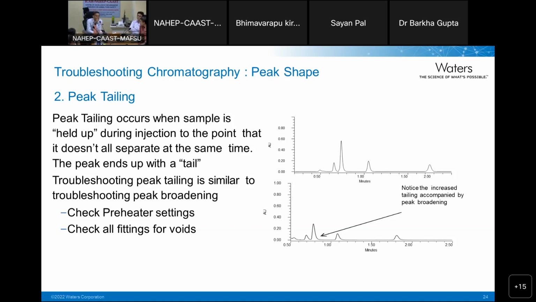Yes, that is there in the next slide. Yes, it is not eluting properly, and there is band broadening, so that can lead to these tailing issues.